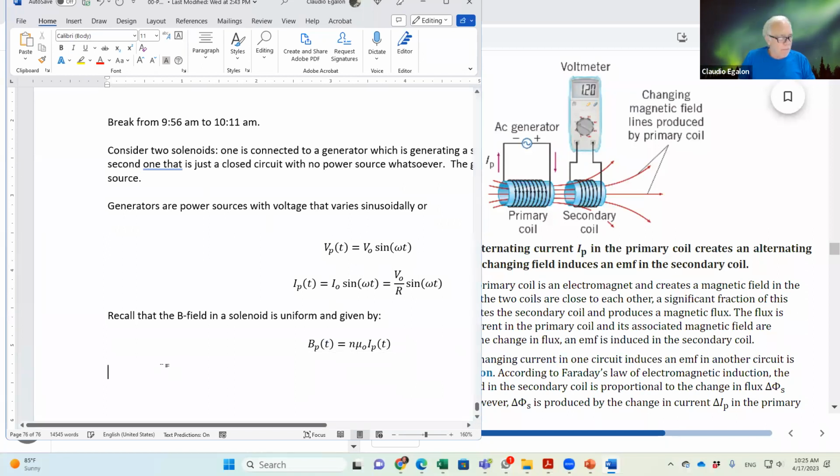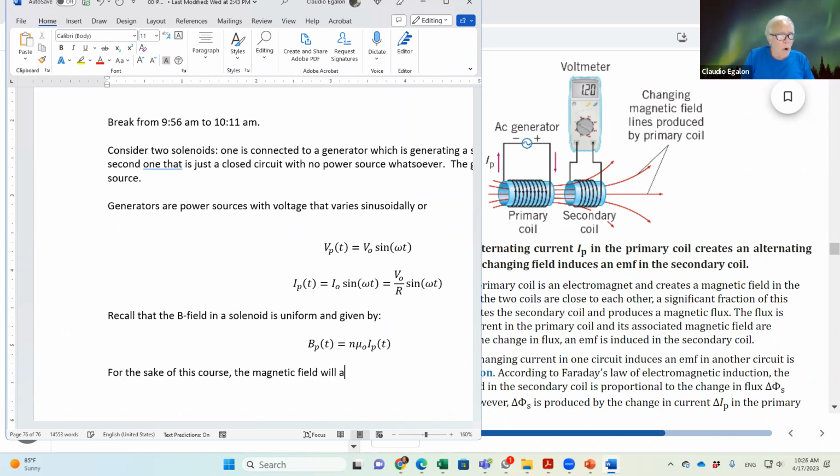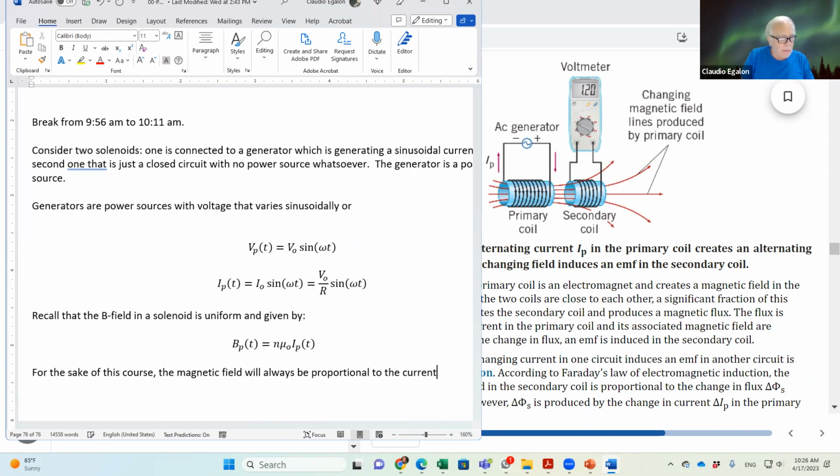For the sake of this course, the magnetic field will always be proportional to the current.